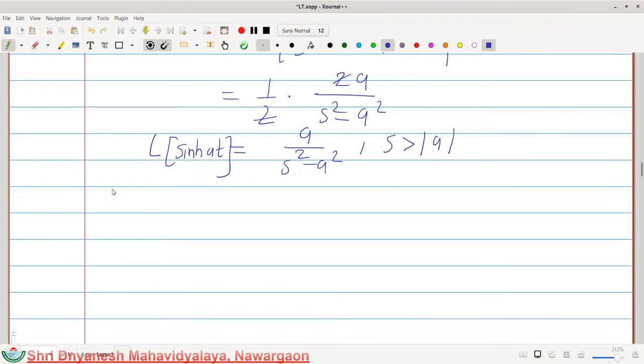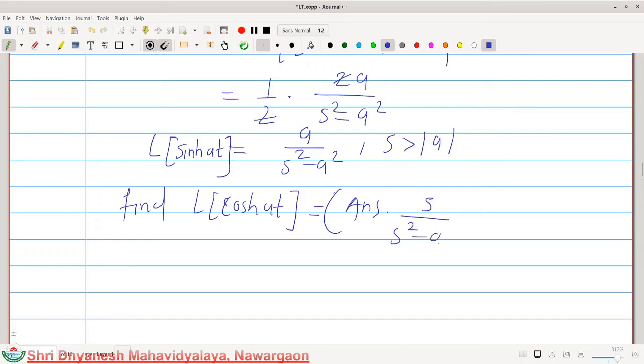This is your homework. Find the Laplace transform of the cosh function. The answer I am writing here: s upon s square minus a square, with s greater than modulus of a.